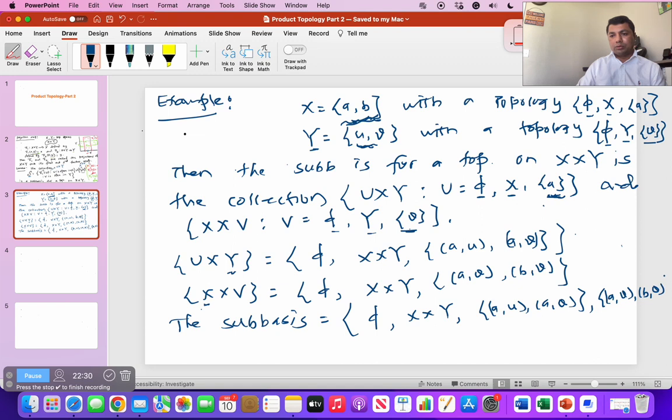All right, so this is the subbasis for the product topology on X cross Y. This is how we find the subbasis for the product topology on X cross Y. That's all for the product topology. Here we described the product topology using the subbasis.